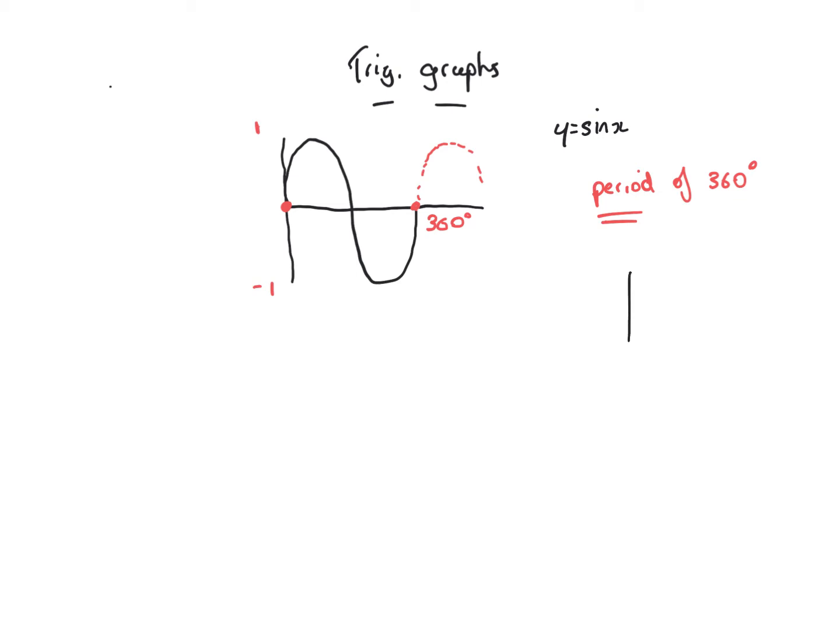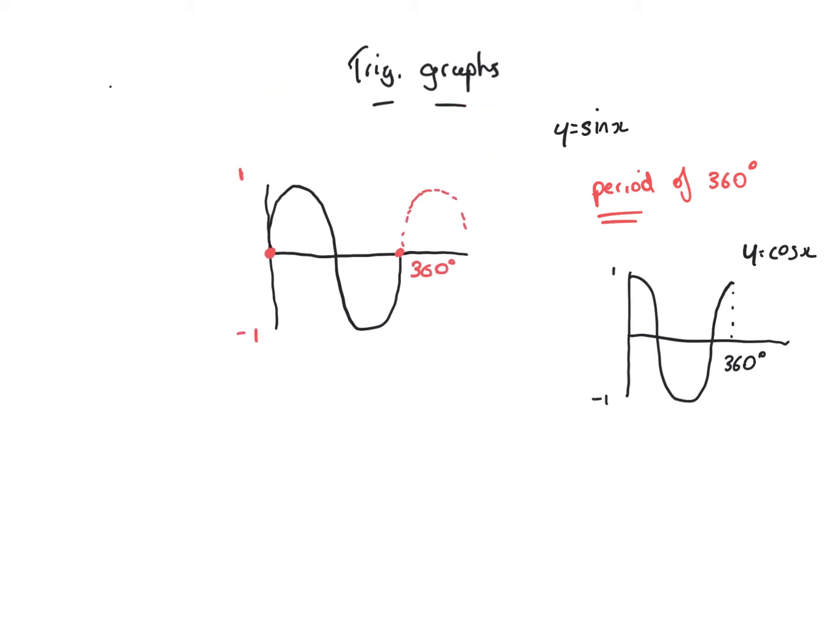We've got another curve that's got this kind of shape. It goes up to 1 and down to -1, and this time it's got a period again of 360 degrees. And we call this curve y equals cos x. So you can see that sine x has got a kind of snake type shape.